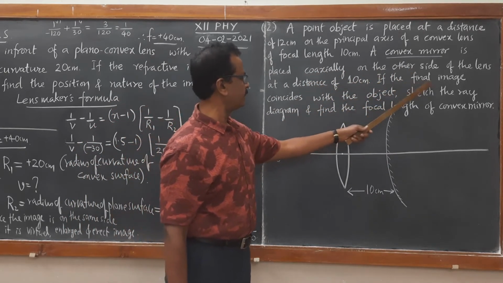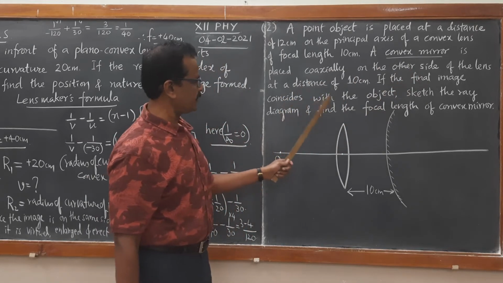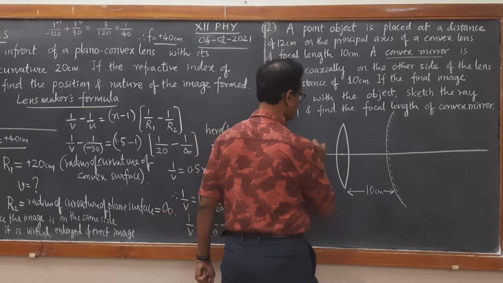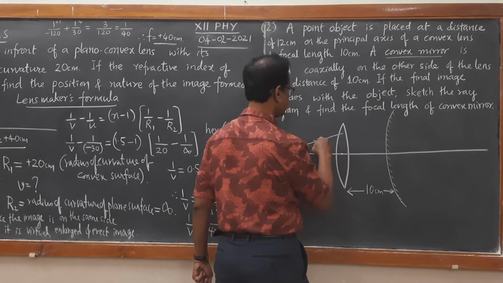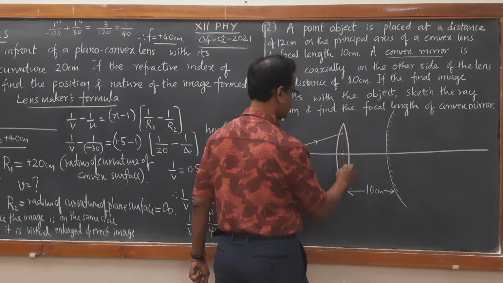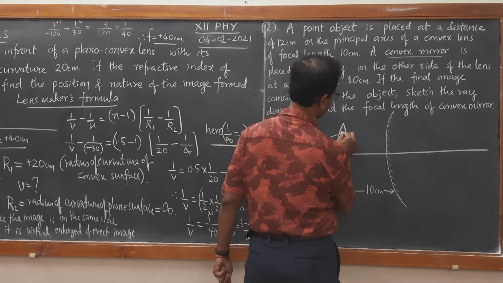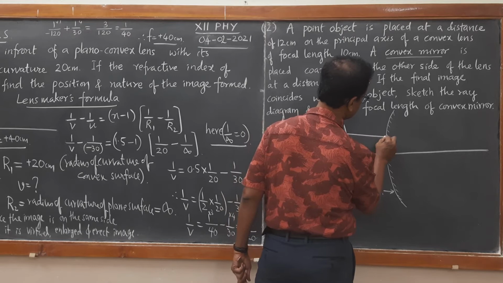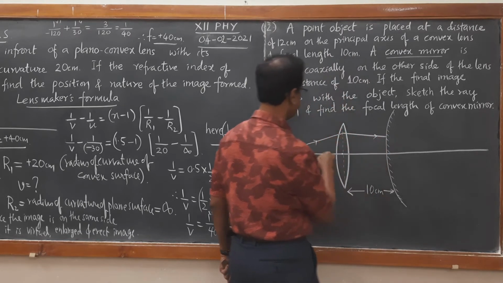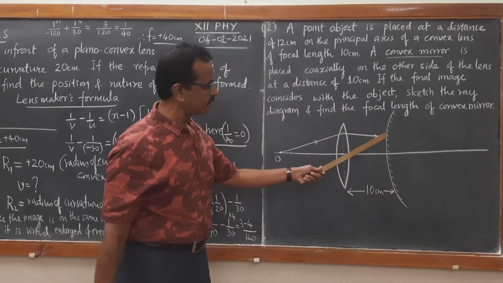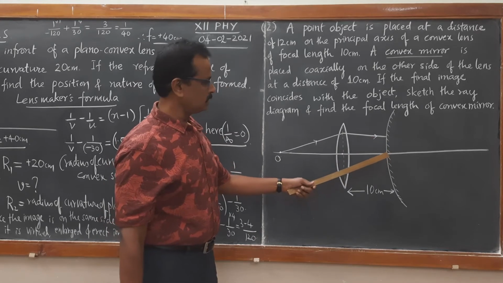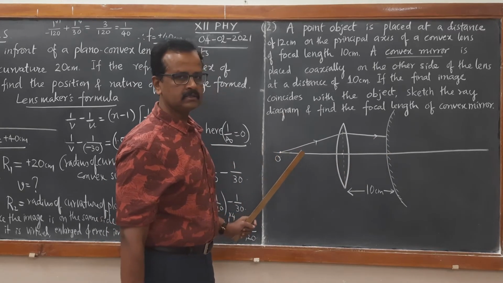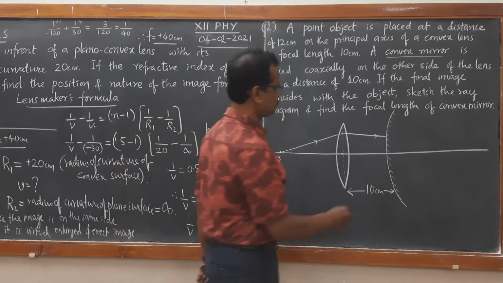If the final image coincides with the object itself, so if you draw the ray diagram, it undergoes refraction, and finally the image that is formed on this mirror coincides with the object itself, forming at the position of the object.